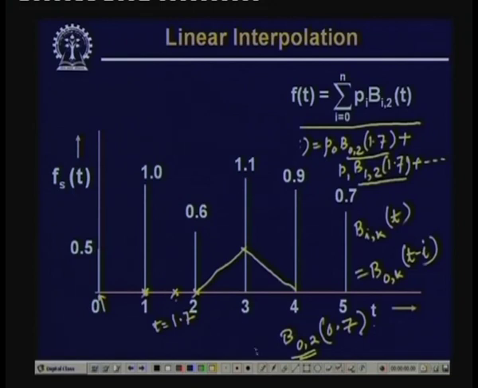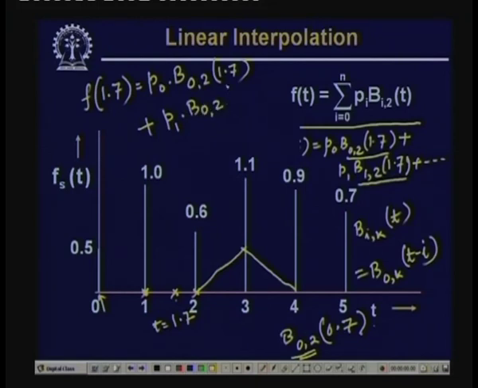So, in this case f of 1.7 will be given by p 0 into b 0 to 1.7 plus p 1 into b 0 to 0.7, because this is the same as b 1 to 1.7, where the value of p 0 is equal to 0.5, which is the sample value at location t equal to 0, and the value of p 1 is equal to 1, that is the sample value at location t equal to 1. Now, here you find that there is a problem.